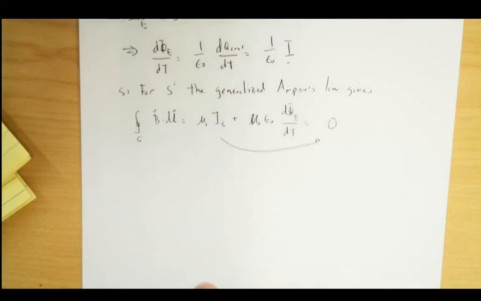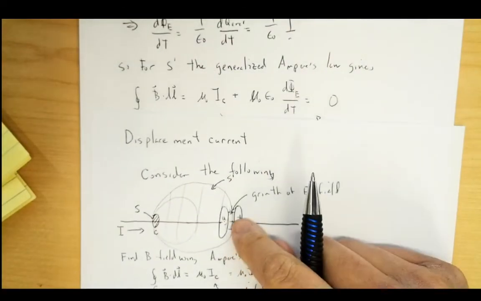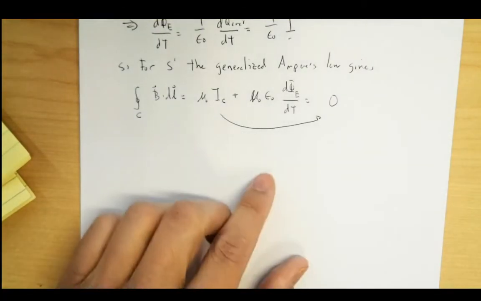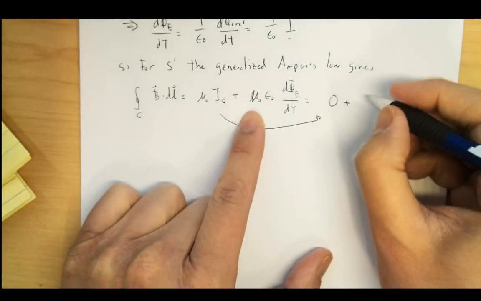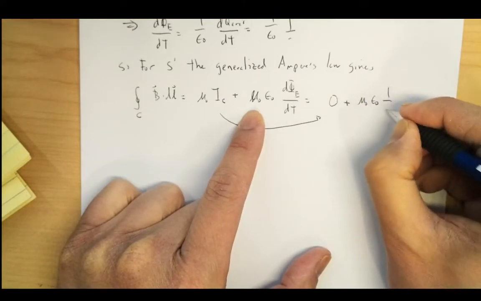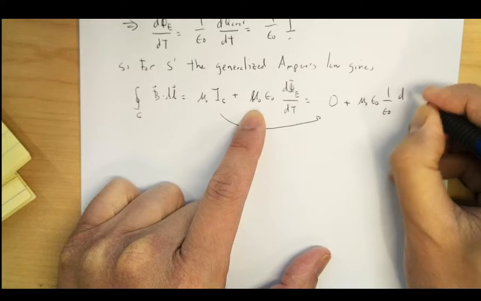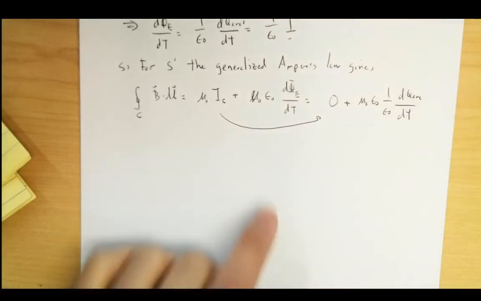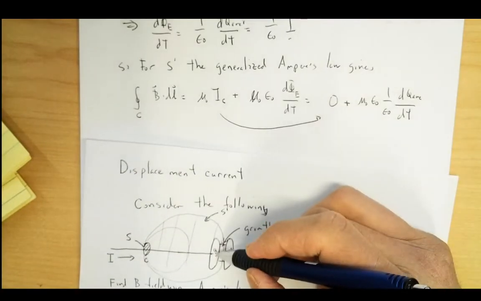Why is that? Look again: there's no physical current flowing through there. Plus the second part, mu 0 epsilon 0 times 1 over epsilon 0 dQ enclosed dt, which is the buildup of charge on one of the plates.